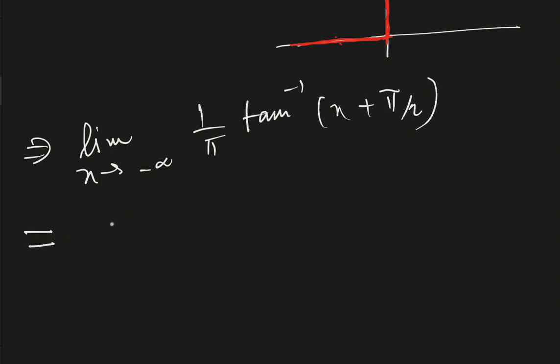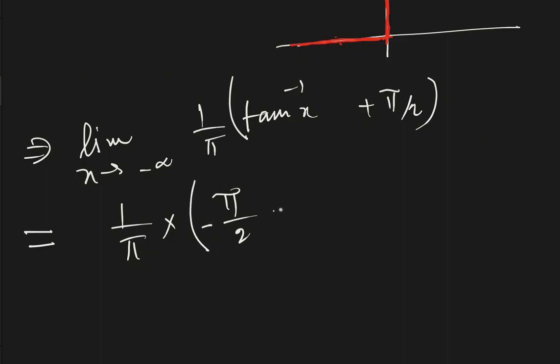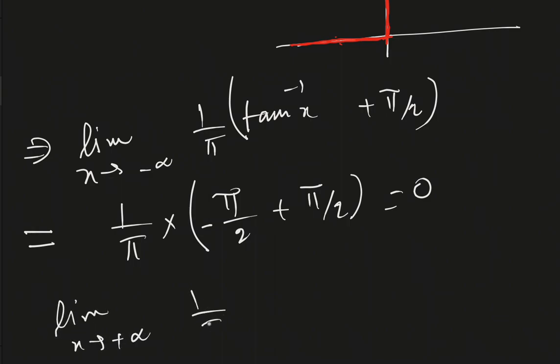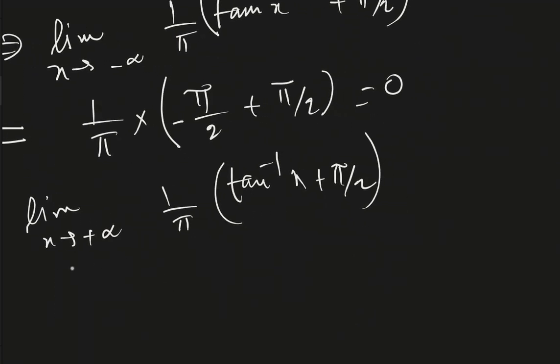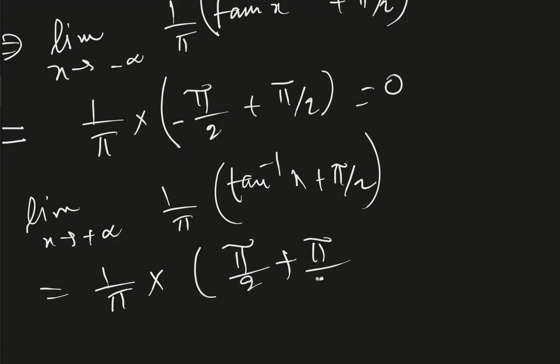If I put it there, 1 by pi into minus pi by 2 plus pi by 2, so this is 0. So the first is satisfied. Second, limit x tends to plus infinity of 1 by pi tan inverse of x plus pi by 2, that is 1 by pi into pi by 2 plus pi by 2, so that is 1.